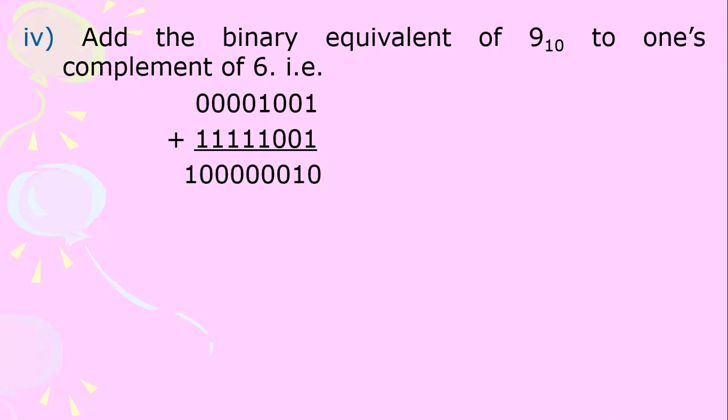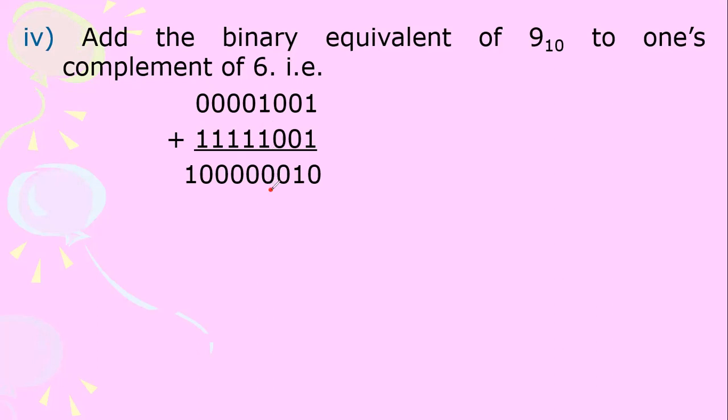1 plus 1 is 0, carry 1. Write down 0, carry 1. 1 plus 0 is 1. 1 plus 0 is 1. Write down 1. Then 0 plus 0 is 0. In other words, let me repeat. 1 plus 1 is 0, carry 1.